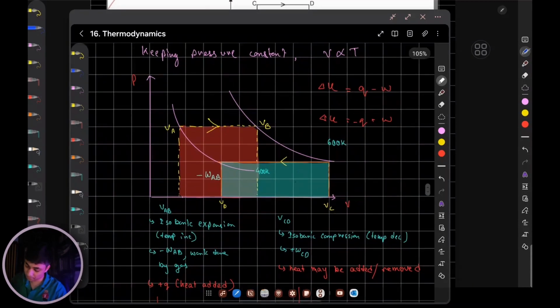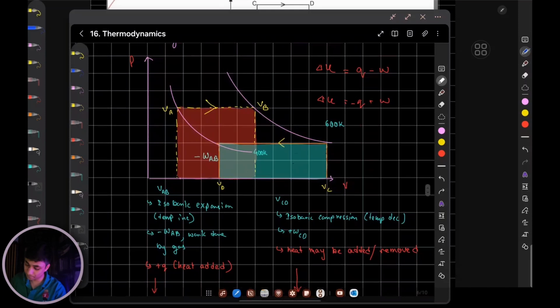Now notice one thing. This point has temperature 600 Kelvin, and this point has temperature of 400 Kelvin. Therefore, when you decrease the volume delta V from Vc to Vd at constant pressure P, your temperature also decreases.